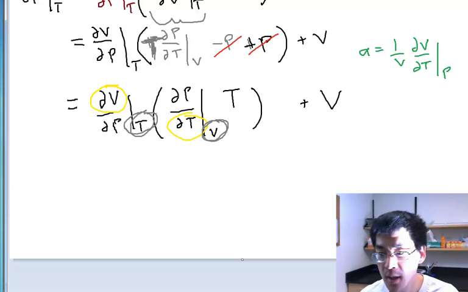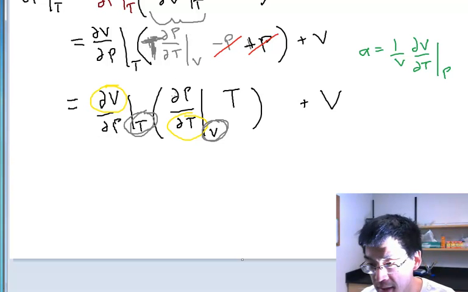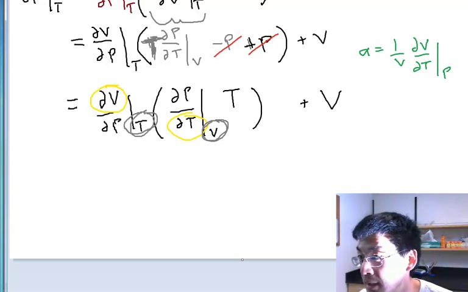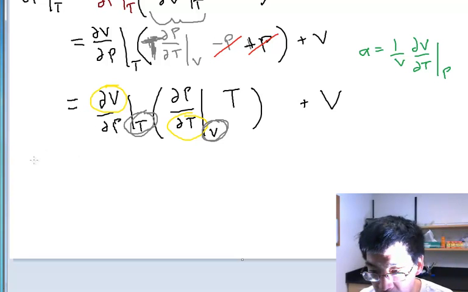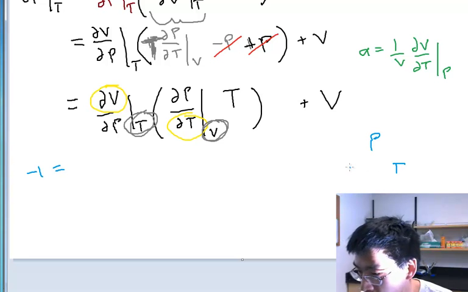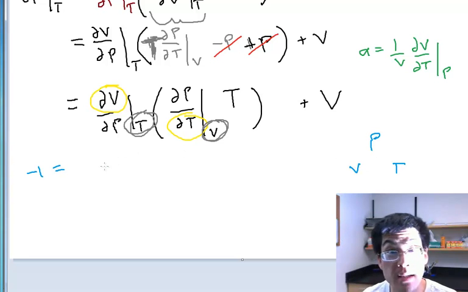What can I do then? When I have different constants and different derivatives, I could use the Euler chain relation. Let's do that in light blue. So -1 equals, now I want a dV and a dP and a dT. And now I know you have your own way of doing this, so I'll just do this my way and you can do it your way. We'll end up with the same answer.